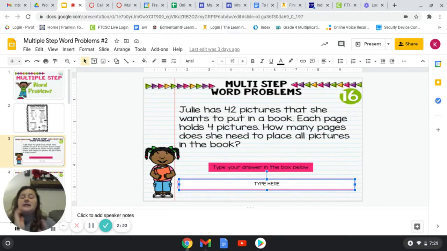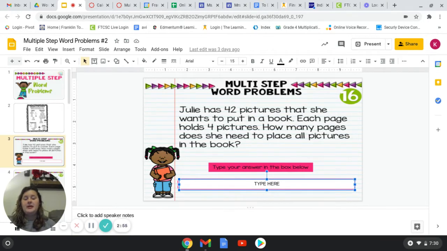Until I put audio on it, I'm going to just read them to you. Okay, so this one is that Julie has 42 pictures that she wants to put in a book. And each page holds 4 pictures. And it wants to know how many pages does she need to place all the pictures in the book.